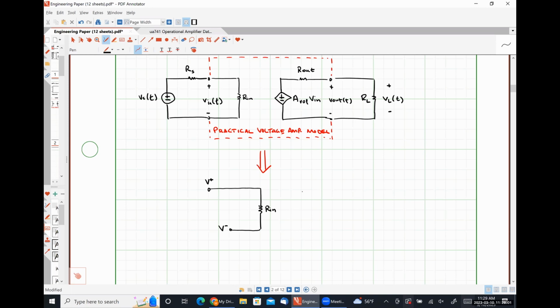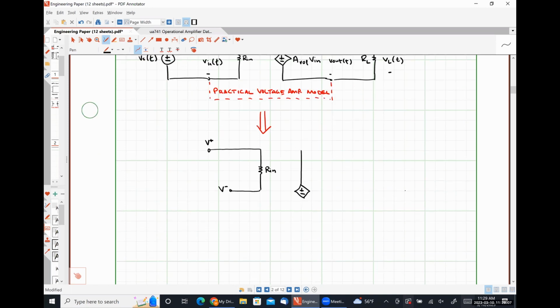We are going to have a dependent voltage source having a value of AVOL times VD. This VD is for a differential voltage.